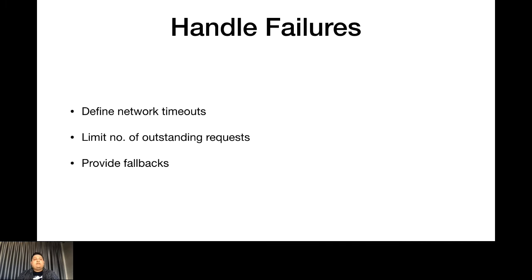So we need to define network timeouts to prevent some kind of long-lasting request that may time out for the user. We also need to limit the number of outstanding requests. And we also should provide fallbacks.